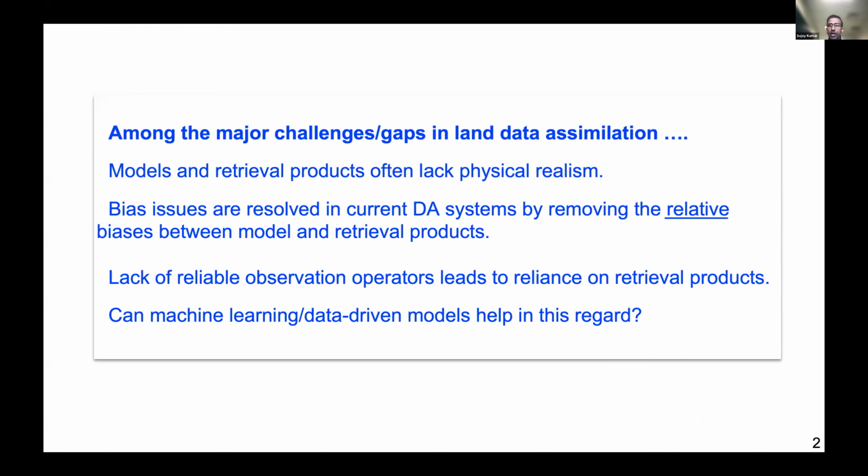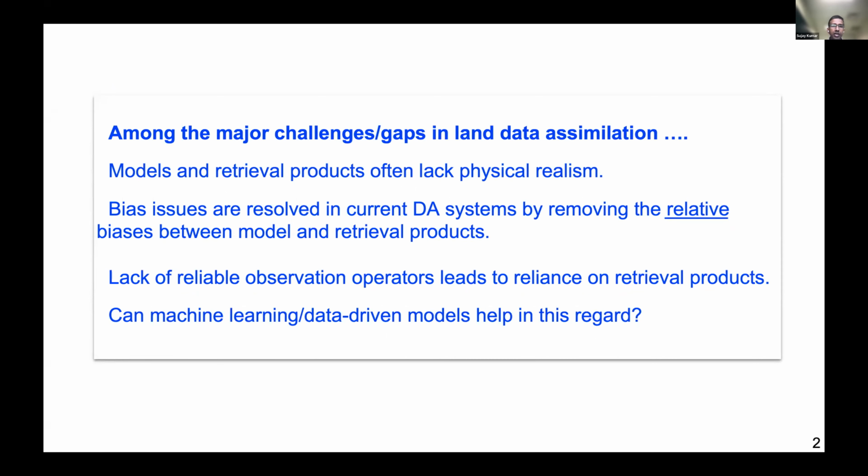To set the context and premise for some of this work, as Tristan was talking about, from our last workshop there was lots of discussion about challenges in land data assimilation, and some of us are focusing on writing these up.